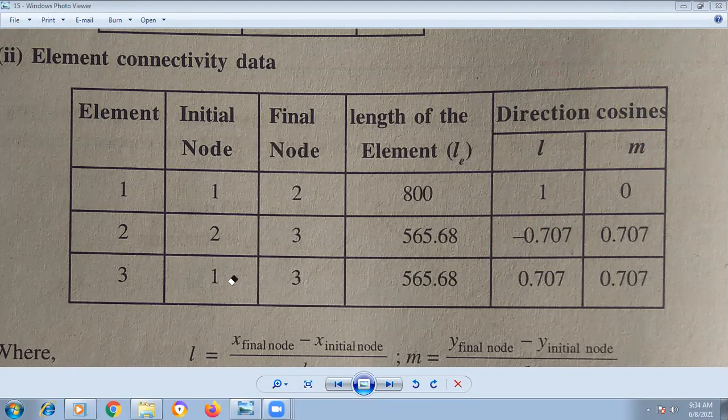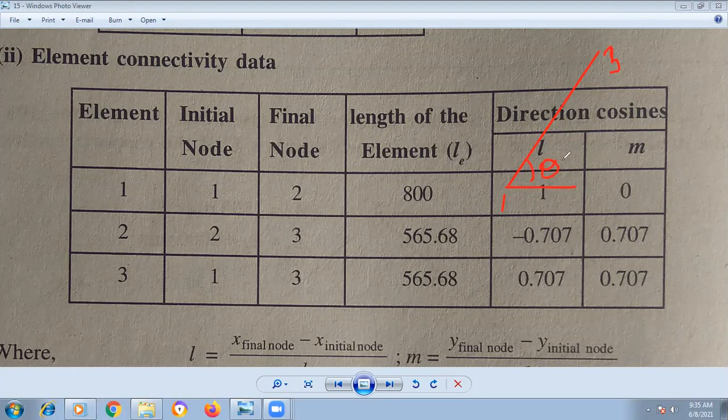Now let us go to direction cosine for element number 3, right? So element number 3 is between nodes 1 and 3. So either you can select it as 1, 3 as the node number, or 3, 1. If I take 1, 3, this becomes the theta value, right?